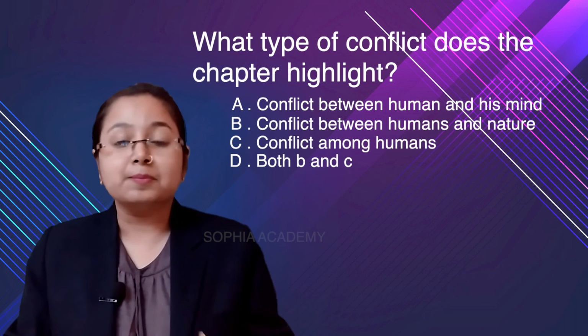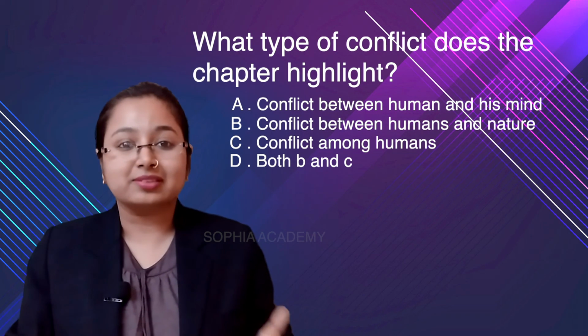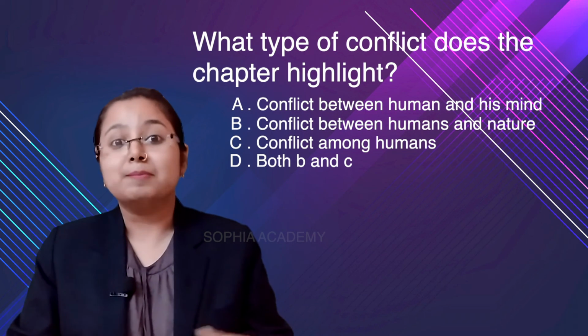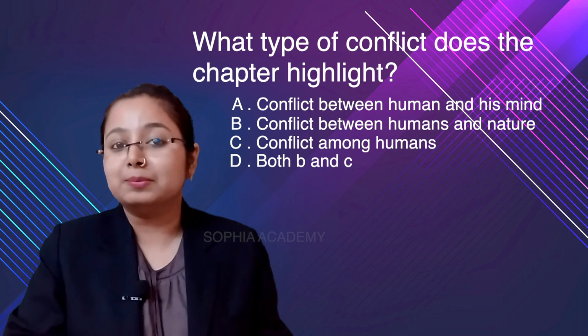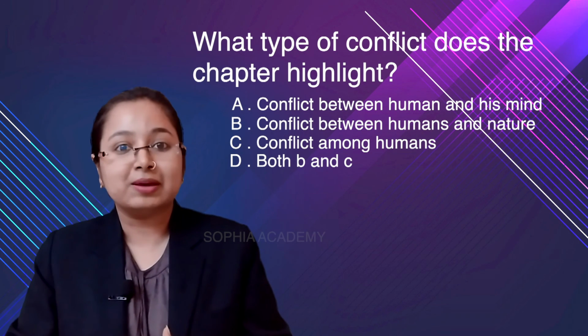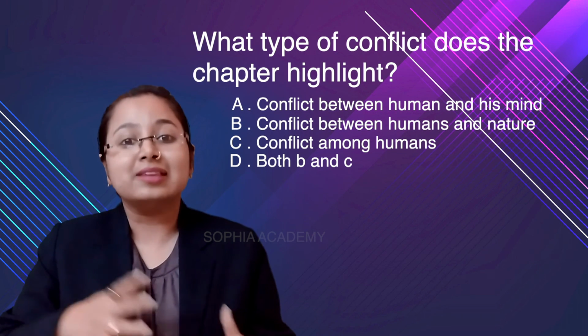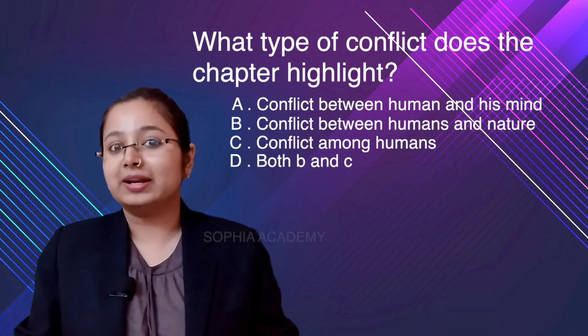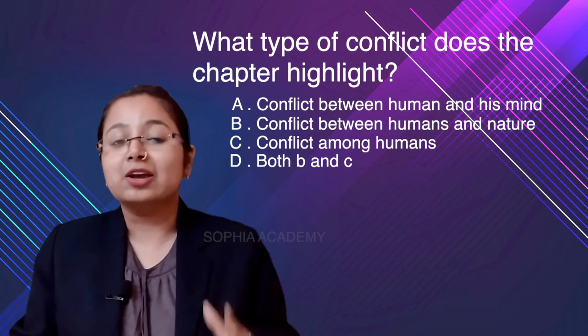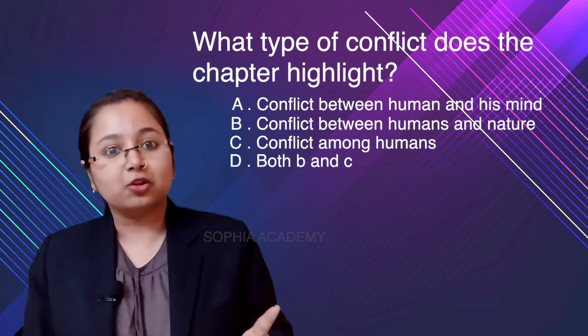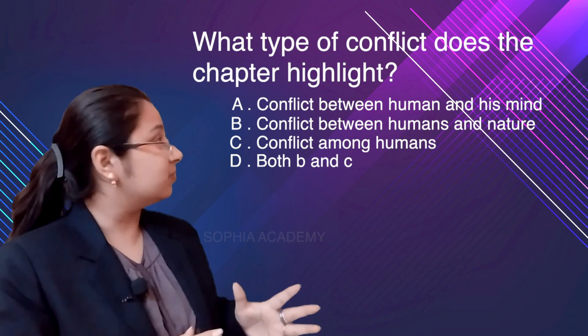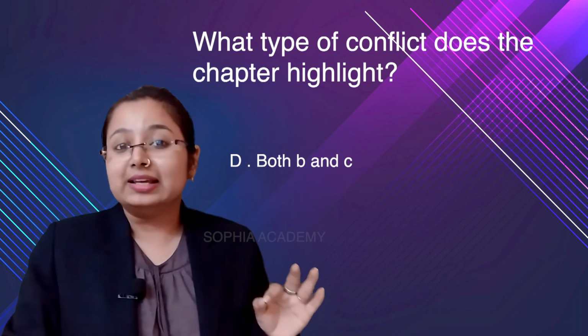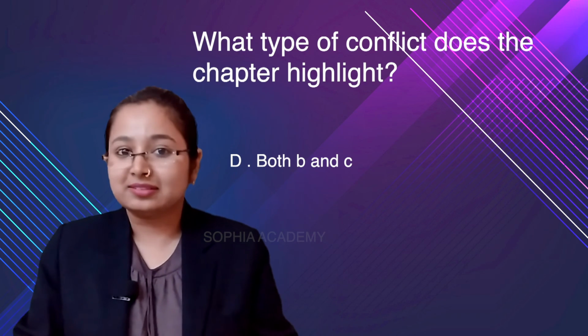He rather called them crooks, that means dishonest people, but they were the ones who helped Lencho. They collected 70 pesos and sent that mail to Lencho, but he did not believe in them, rather he called them crooks. So this is also there. So the correct option will be option D, that is both B and C.